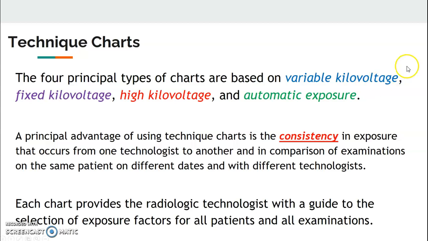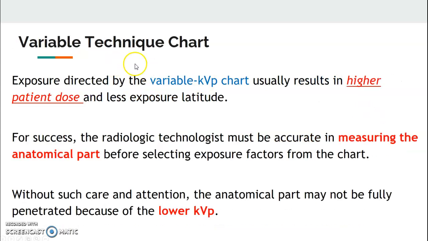Consistency in exposures from one tech to another on the same patient is ideal, right? So the variable technique chart usually results in higher patient dose because it can end up using lower kVp and not penetrating enough.